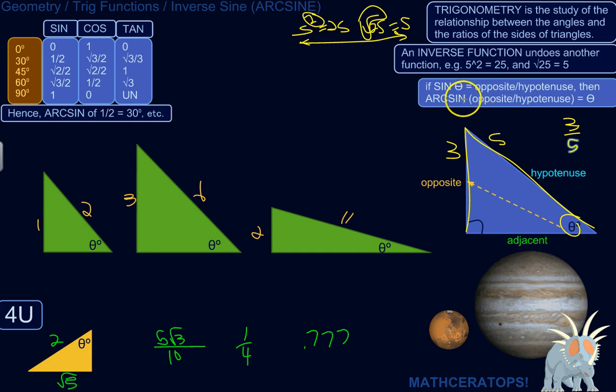If I take the inverse sine of 3/5, then I get the original angle. So let's put it up here. Sine of theta equals, in this simple example, 3/5.